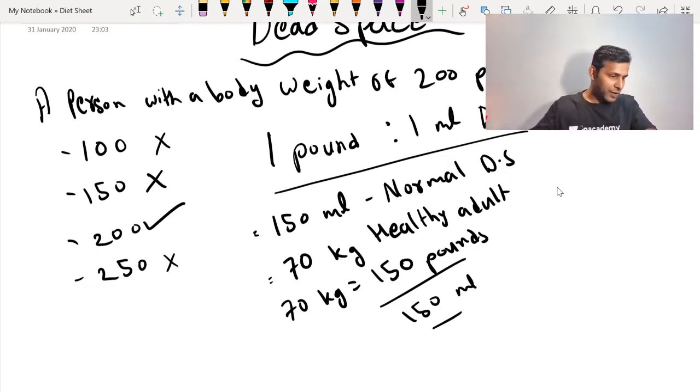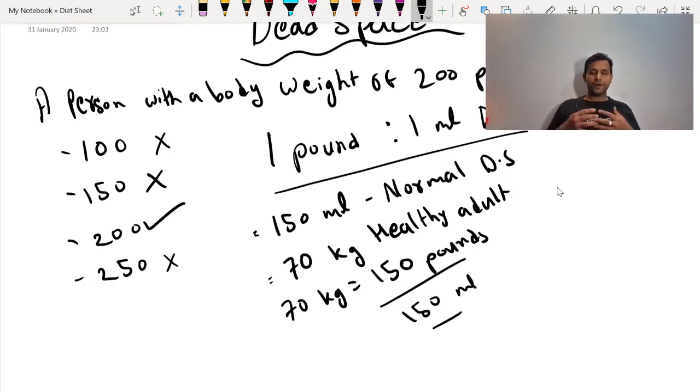So that's how you have a relation of 1 pound of body weight corresponding to 1 ml of dead space. This is just a simple idea of what the dead space of a person could be in relation to body weight. A very crude idea, but there is one more calculation of dead space, as we have promised, in which we can get the exact volume of dead space, a very exact value.